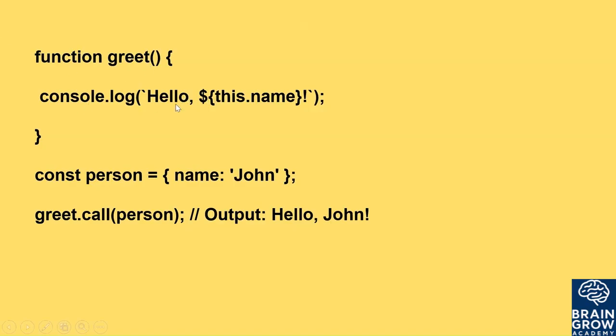Inside console we pass the name, and we call this function and then we use call. After that we pass the whole object. So inside name it will fetch the name key from this object, and it prints hello and this dot name, so that means hello John. So here is how call works.